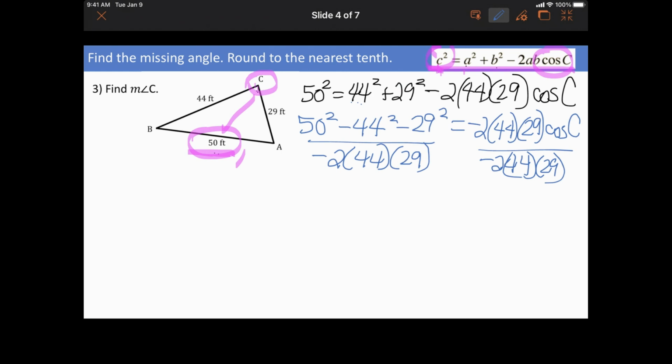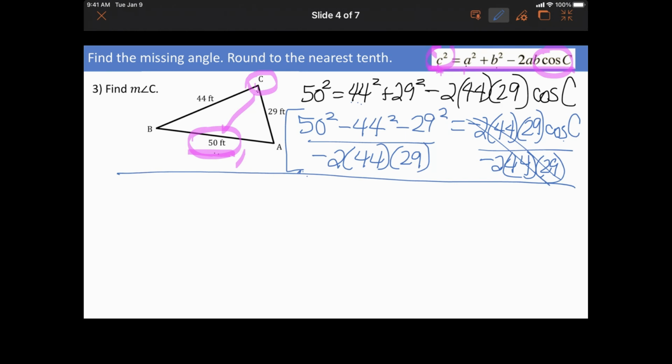So that's what we're doing. So this will become a decimal, and then we'll be able to figure out cosine C. So this is what you need to do. Okay, so I'm going to do it generally the normal way students do, but I wanted to show you what we're doing without thinking about the numbers necessarily.